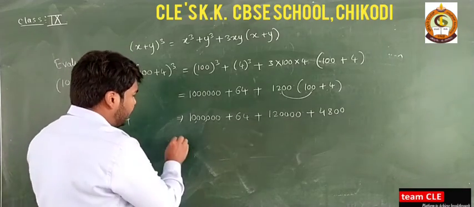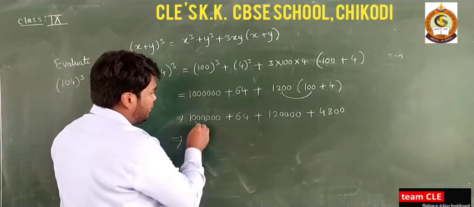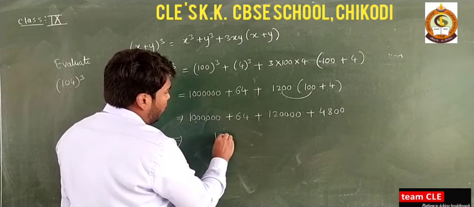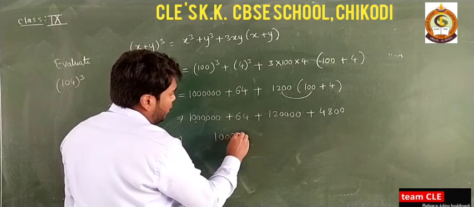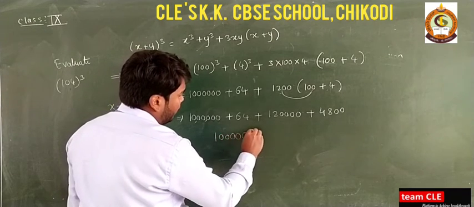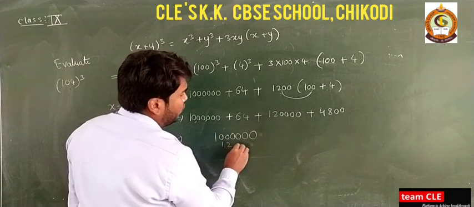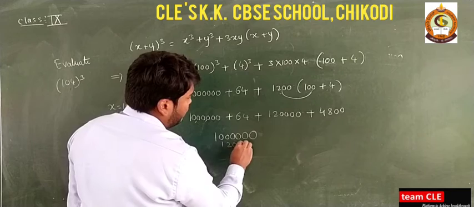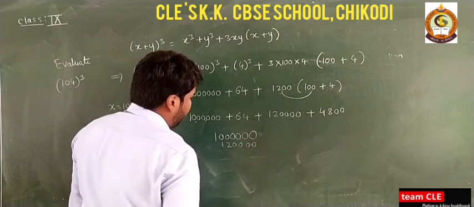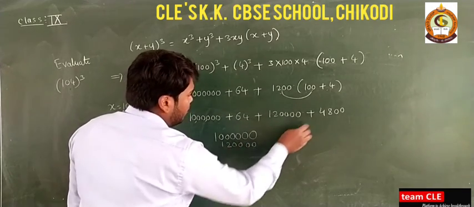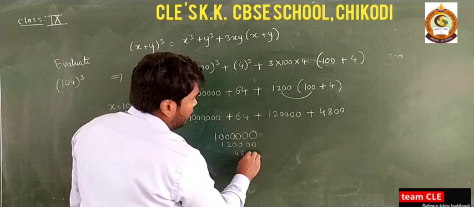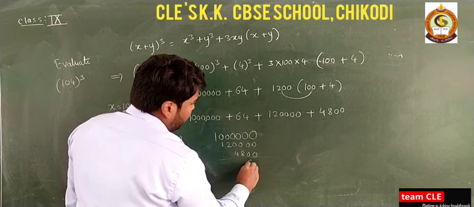Now we have to do the addition. So go with your simple addition. First write the greatest number 1, 2, 3, 4, 5, 6. Similarly, next write this number. It is 1, 2. So how many zeros? 1, 2, 3, 4. 4 zeros. Similarly, next write this one, 4800. Next write your 64.